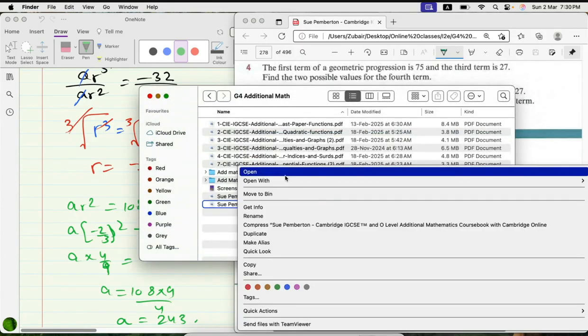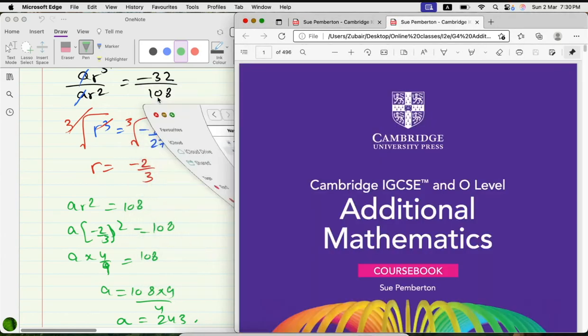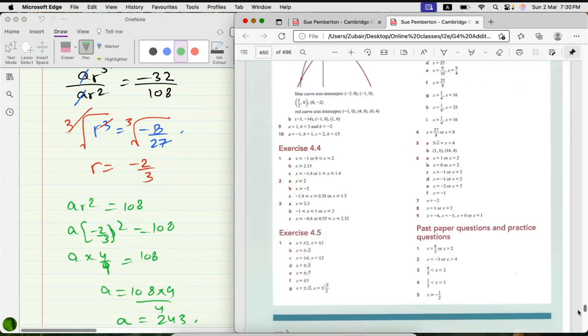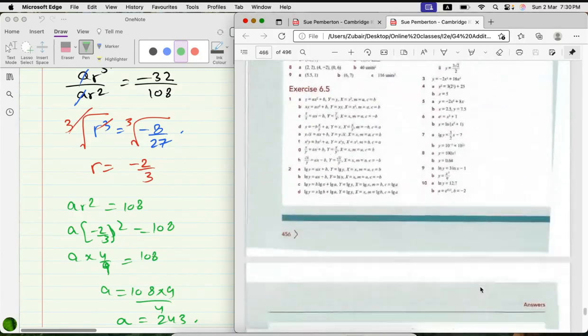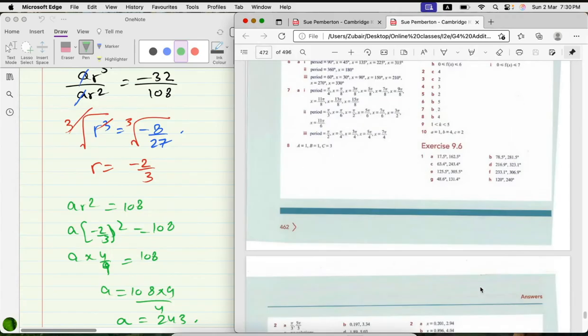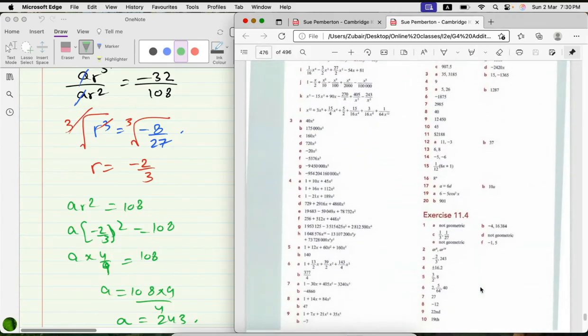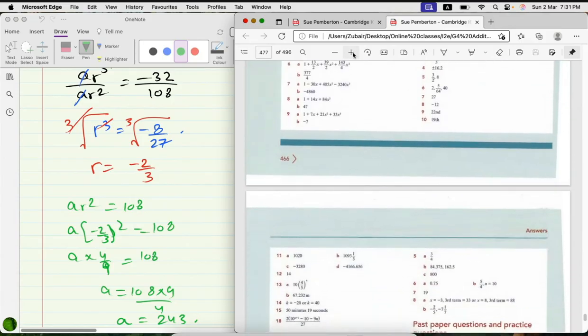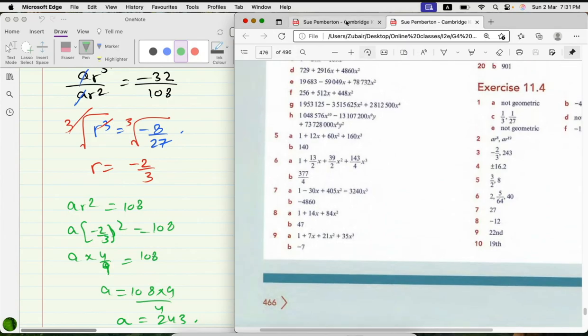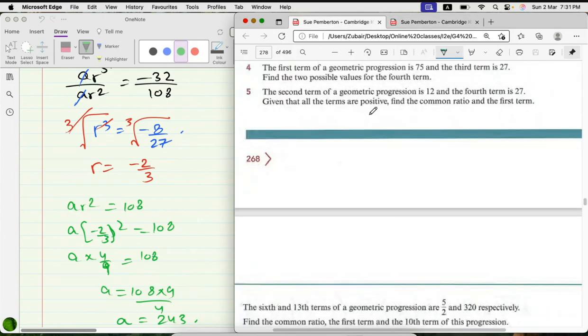Let me reopen the key as well. 11.4, question number 4. Okay. Try the fourth question.